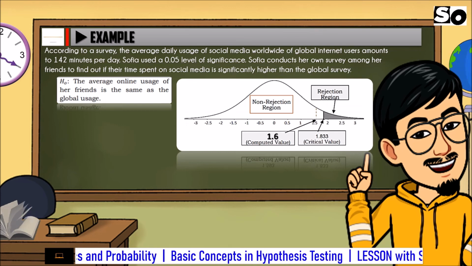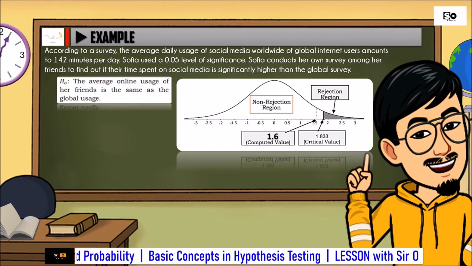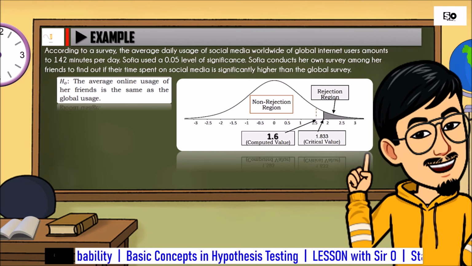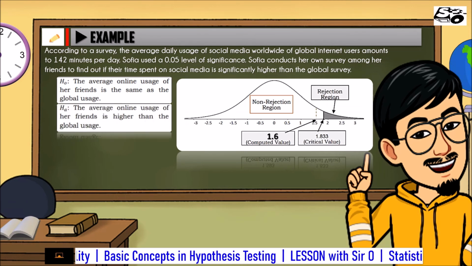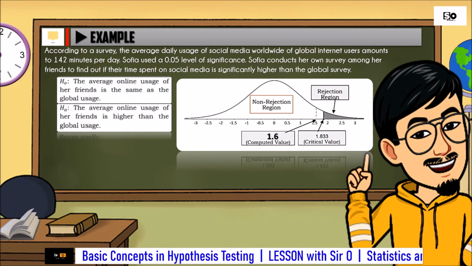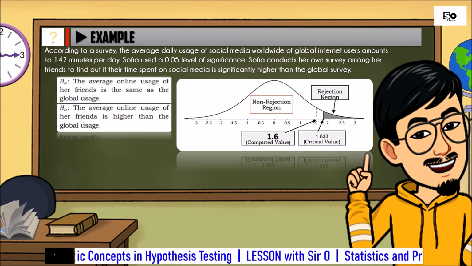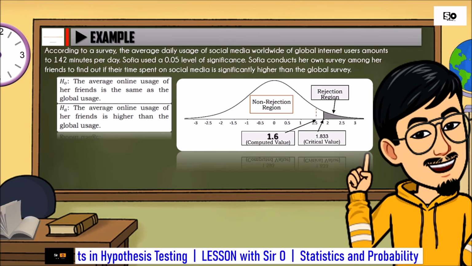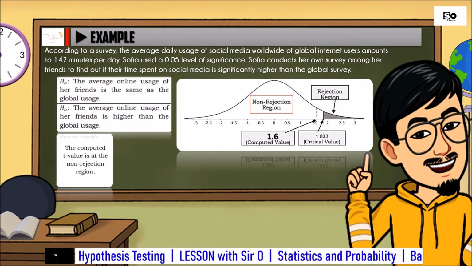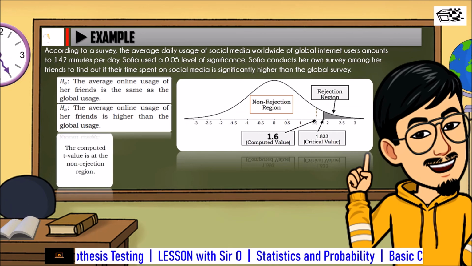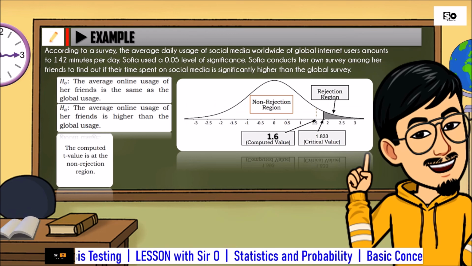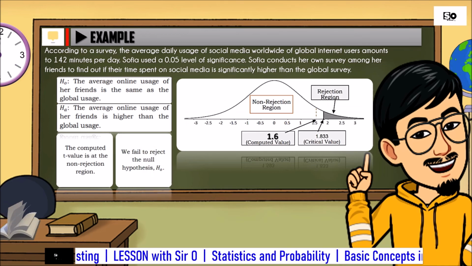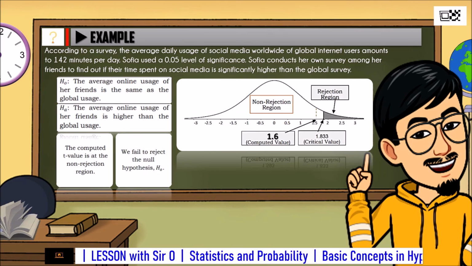Null hypothesis: the average online usage of her friends is the same as the global usage. Alternative hypothesis: the average online usage of her friends is higher than the global usage. The computed t-value is at the non-rejection area. We fail to reject the null hypothesis.